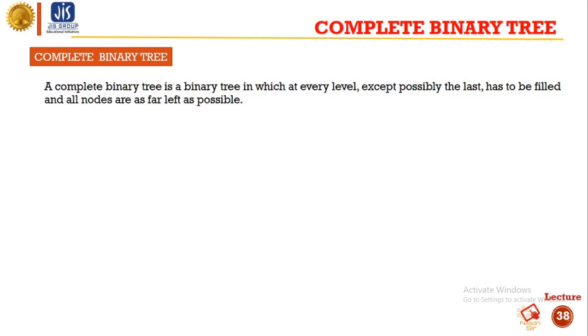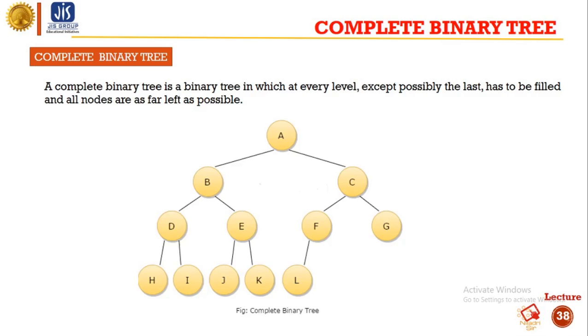So this is the pictorial representation. As you can see, node A has two children, B and C. B has two. D can have a maximum of two. E has two. F has one, but it is on the left side.